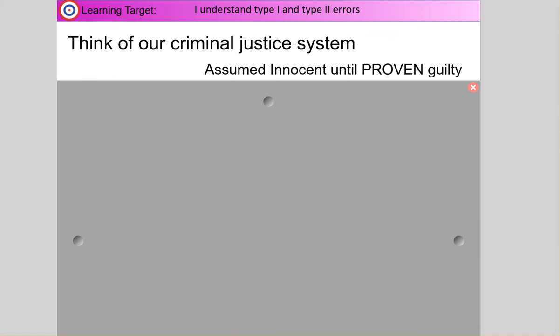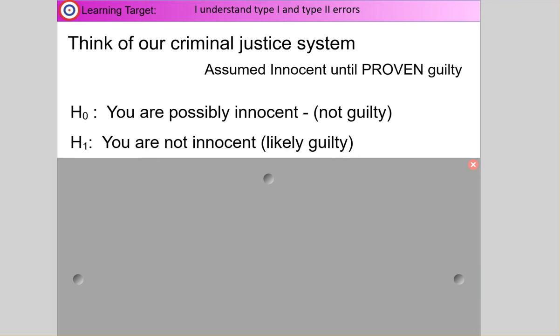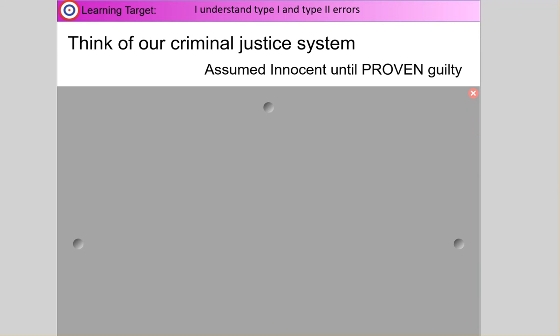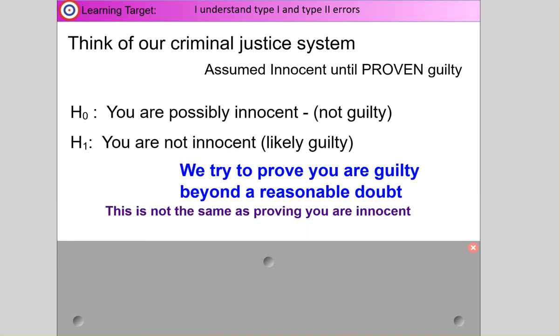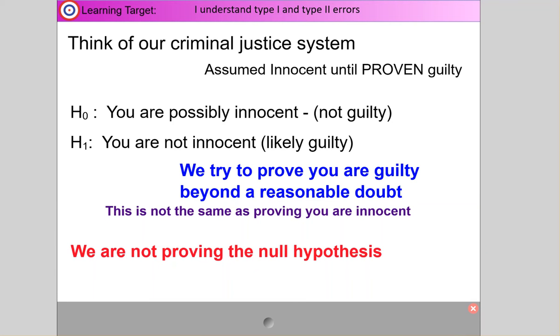Going back to kind of our rejection versus acceptance, if you think about the fact, right, we don't ever claim in the justice system that somebody is innocent or guilty, right? We say guilty or not guilty. It's kind of the same thing here. We're never going to prove, right?